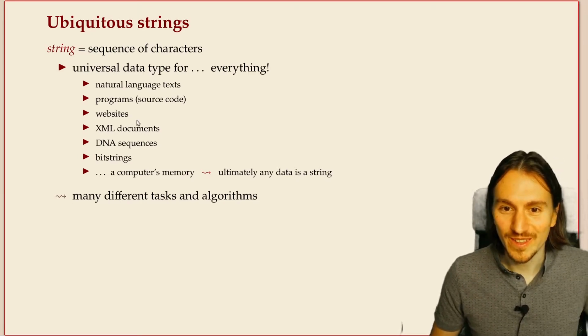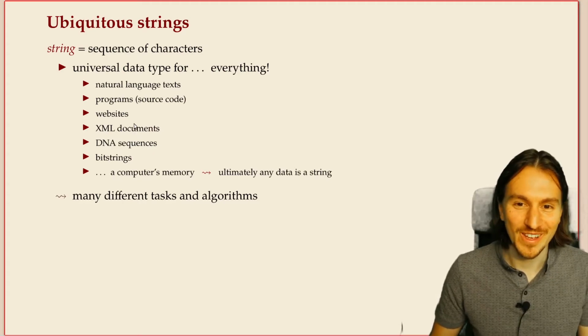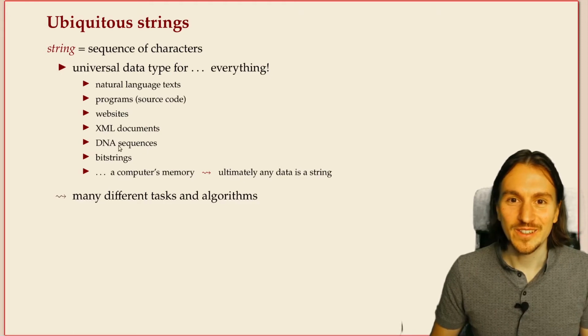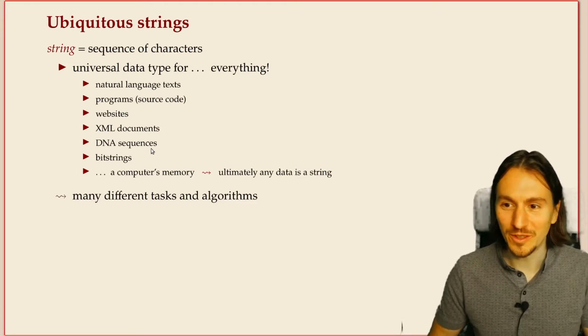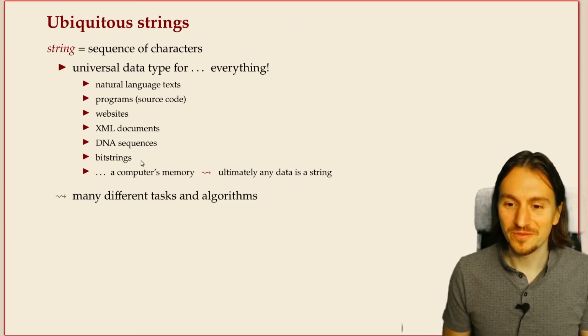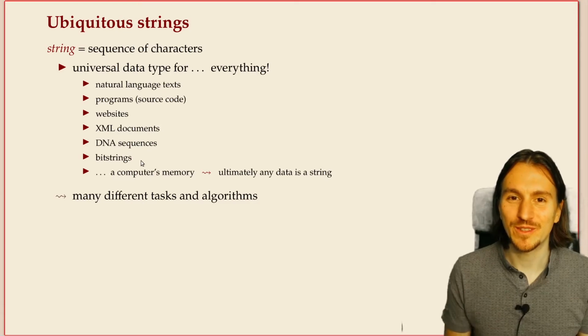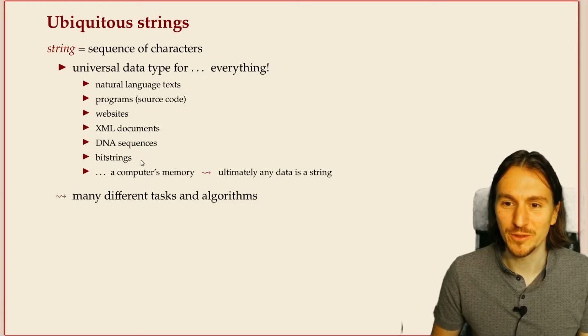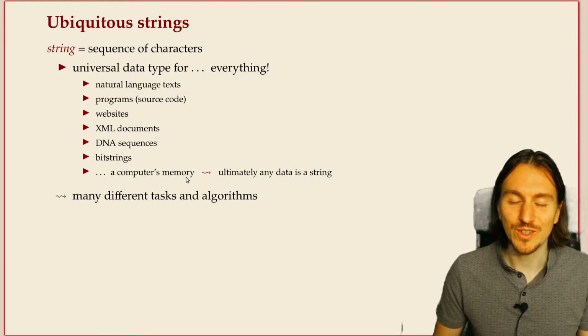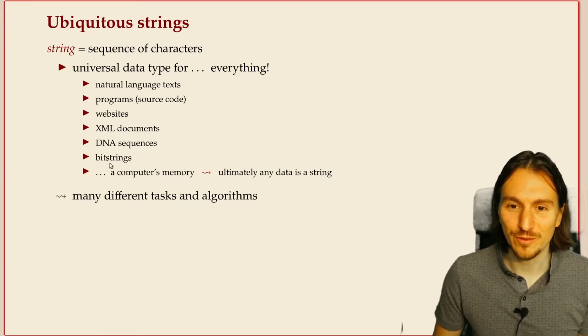Related to that, usual websites should be valid XML documents, but let's not get into this discussion. An entirely different type of text are DNA sequences encoding your genetic information. We have bit strings. It's not usually seen as a text, but the same techniques and algorithms can be used. So ultimately also, any computer's memory is just a long string of bits.